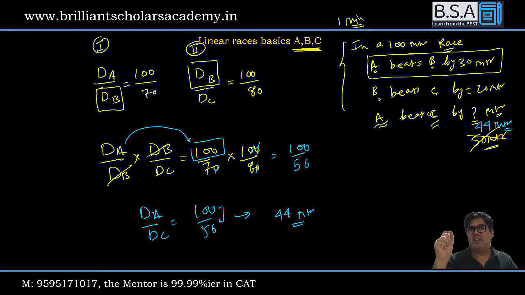You will have to cancel one of them. Could you have solved it through all 3? Yes, there's a possibility. You could have found out the individual distance of A, B, and C, and through scaling you could answer. I'll teach you that as well.